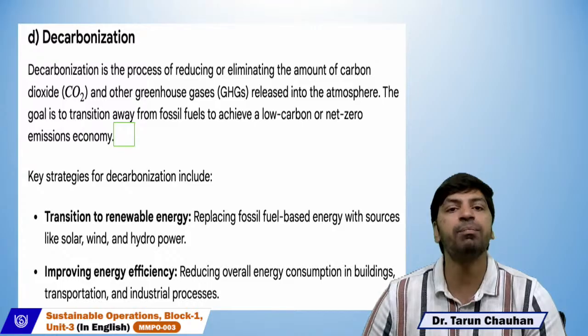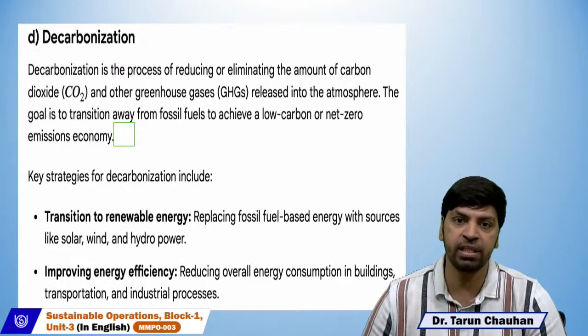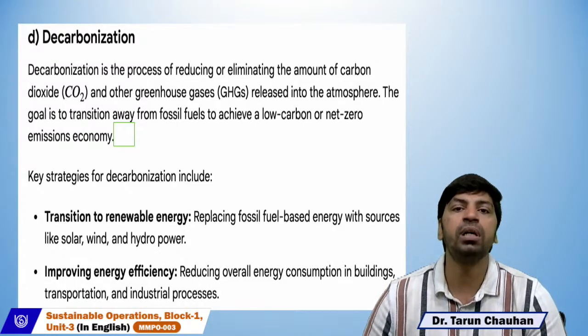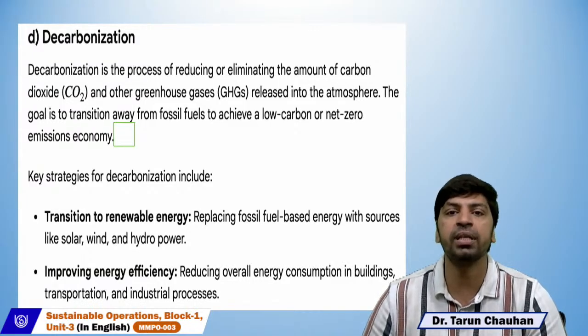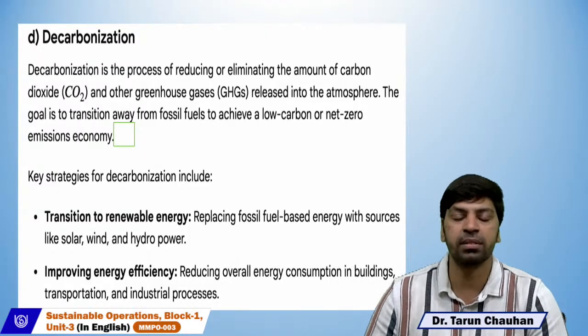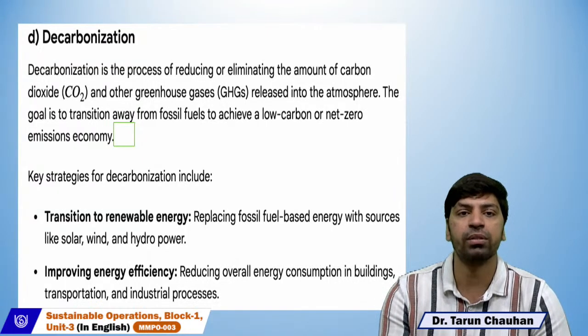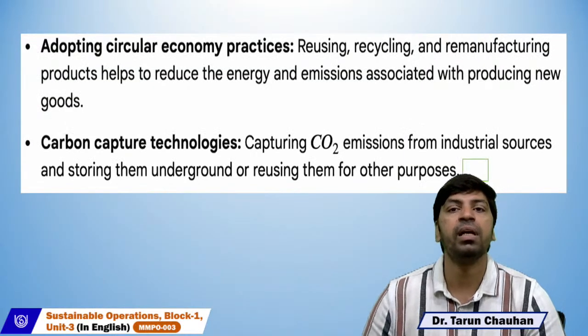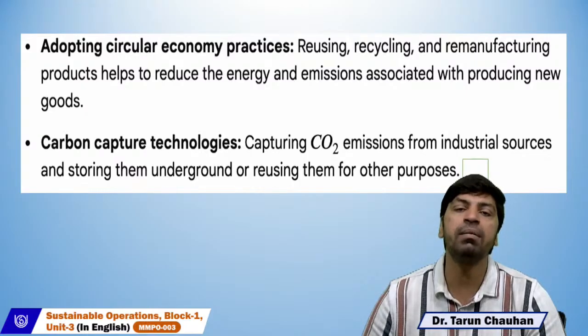Next one is improved energy efficiency. It's all about reducing the overall energy consumption in buildings, transportation and industry processes, which leads to pollution. Next is adopting circular economy practices.